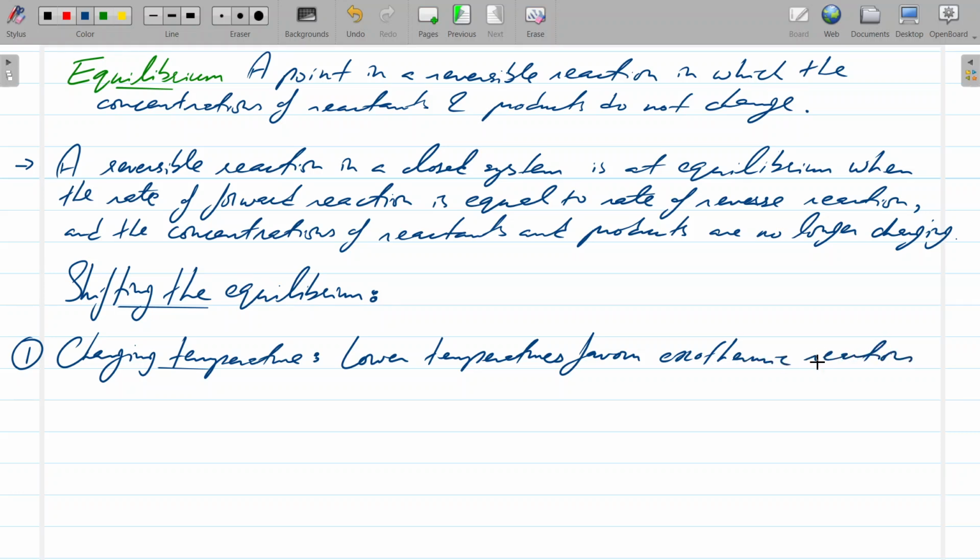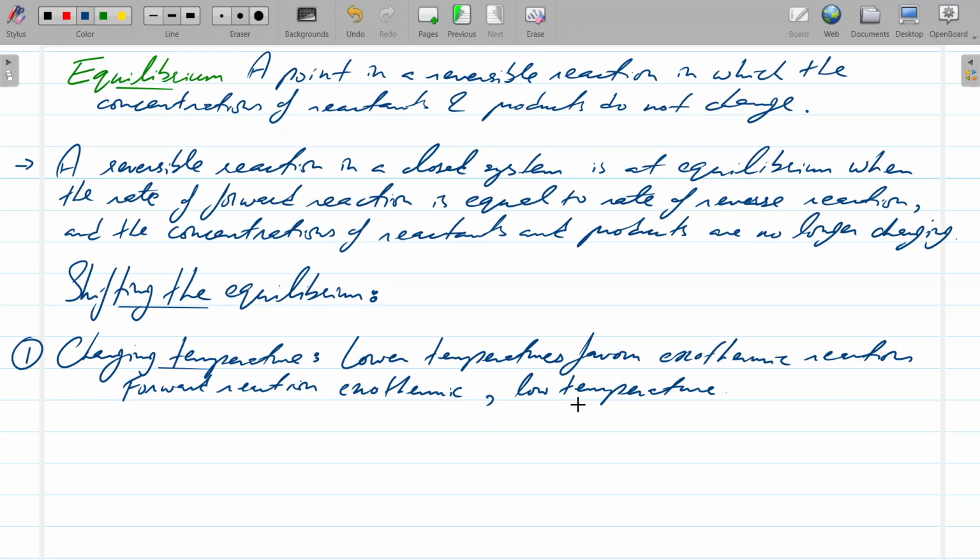which basically means if the forward reaction is exothermic, going from reactant to product, right, when I say forward reaction, it means reactant to product. You want a low temperature to favor the forward reaction. If you keep a high temperature for an exothermic reaction, it will favor the reverse. Because if the forward reaction is exothermic, the reverse would be endothermic.